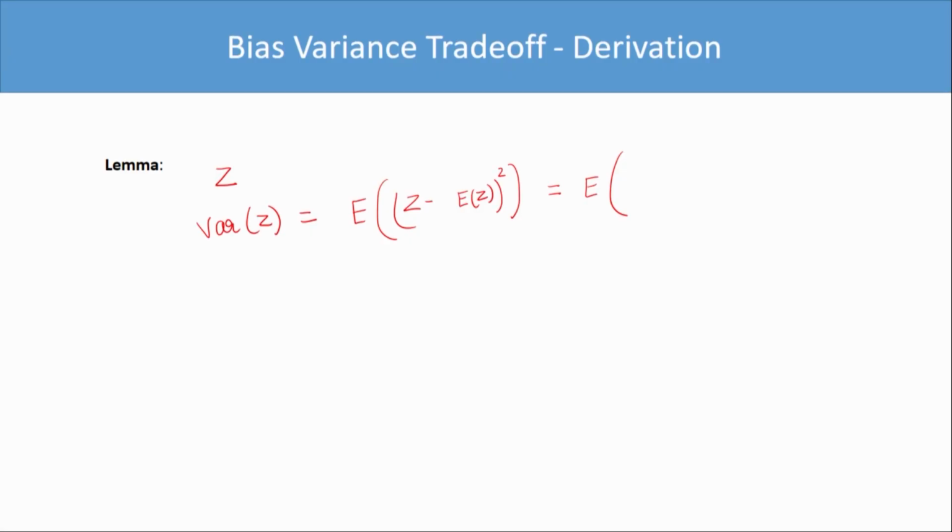So if we expand this, what happens? This becomes the expectation of what? If you expand this, this is z squared plus E of z squared minus 2z E of z, right? Now can I split this into expectation of 3 different terms?